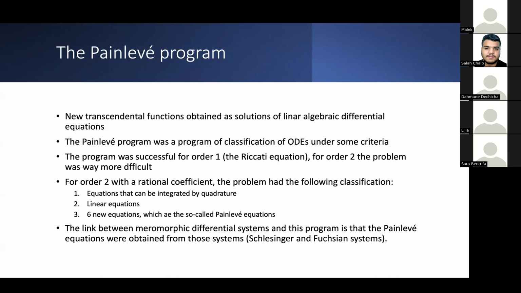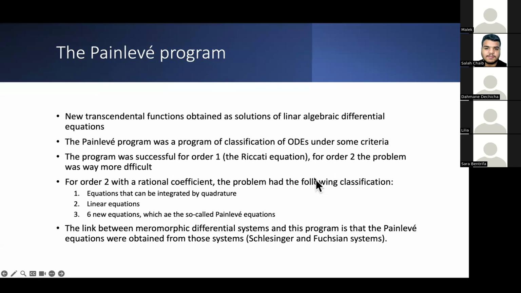First, the equations that can be integrated by quadrature, second, linear equations, and third, 6 new equations, which are now called the Painlevé equations. And the link between the system that I considered before and these 6 Painlevé equations is that the Painlevé equations are actually conditions that could be set on the matrix L that gives the compatibility of the system.